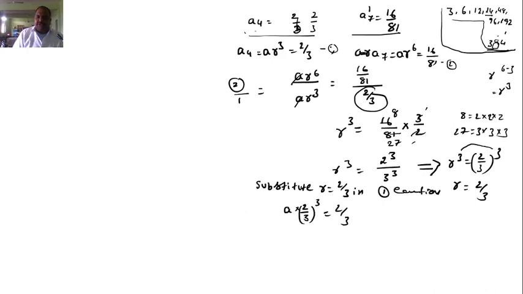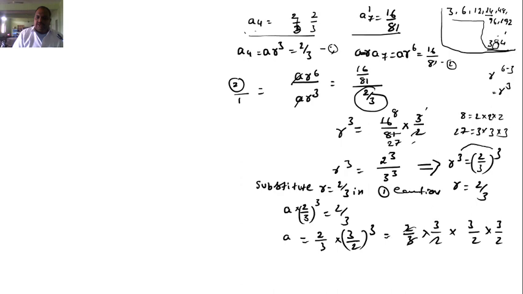This is the first equation: a r cube is equal to 2 by 3. a is equal to 2 by 3 into 3 by 2 whole cube, that is equal to 2 by 3 into 3 by 2 into 3 by 2 into 3 by 2.